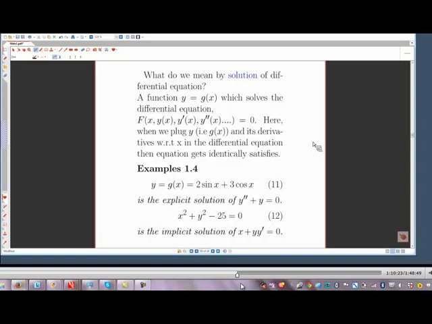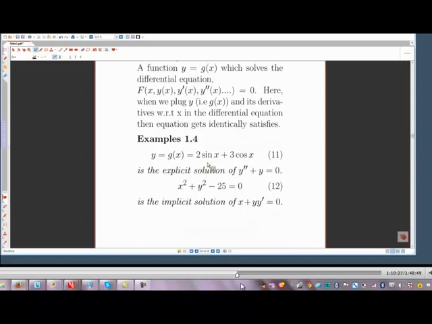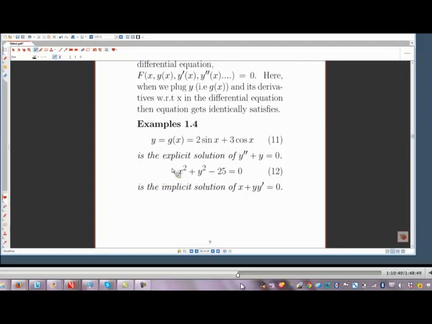So y equals 2 sine x plus 3 cosine x is the explicit solution of this equation, and x squared plus y squared minus 25 is the implicit solution. Now why did I come up with these two words, explicit and implicit?